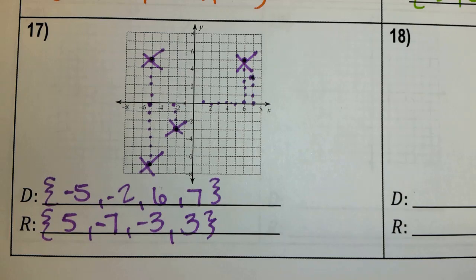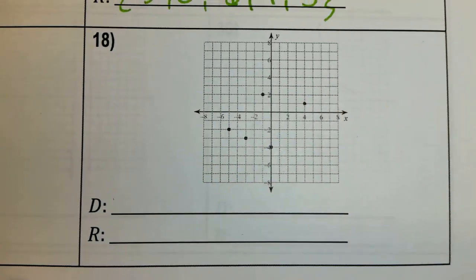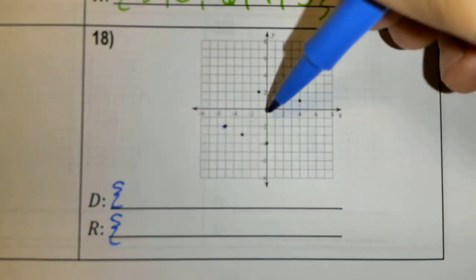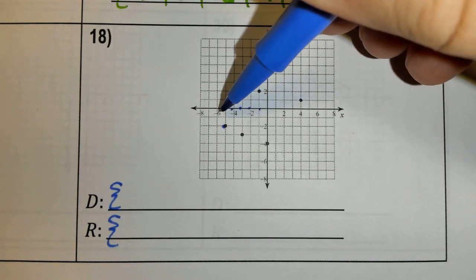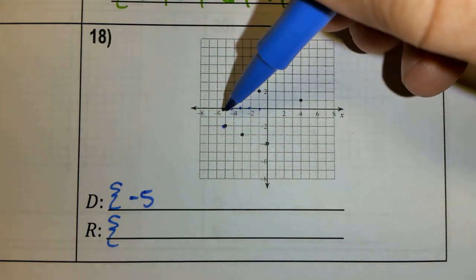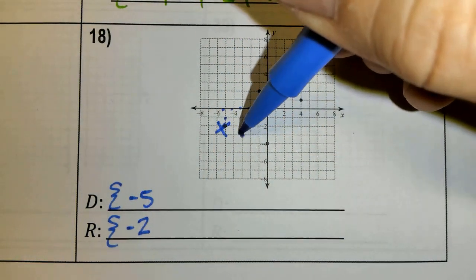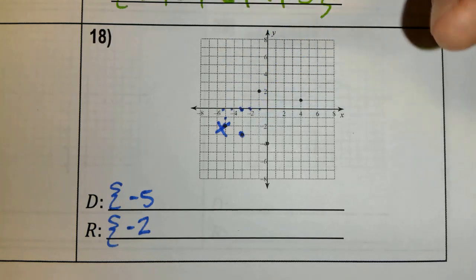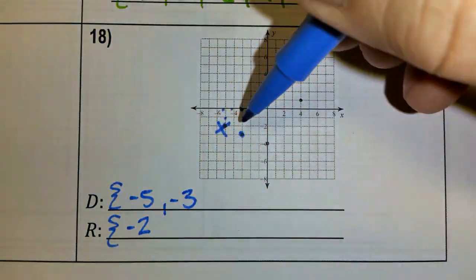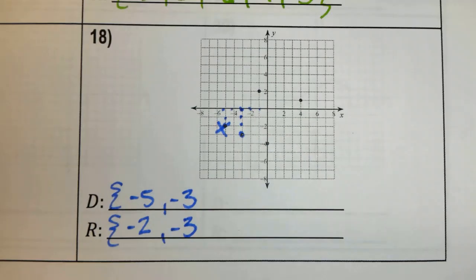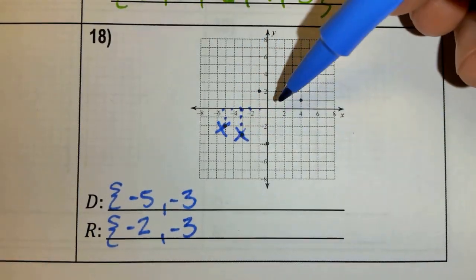And I got one more, then I'm done with this page at least. Okay, domain and range. So I have 1, 2, 3, 4, -5 and -2. Okay, next is -3 and -3. Okay, so far so good.